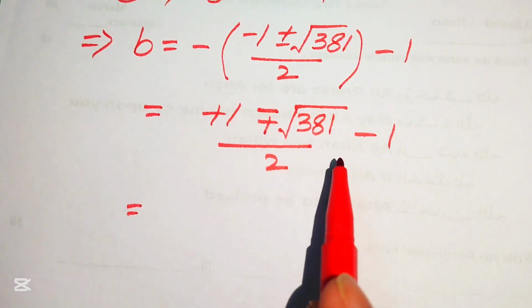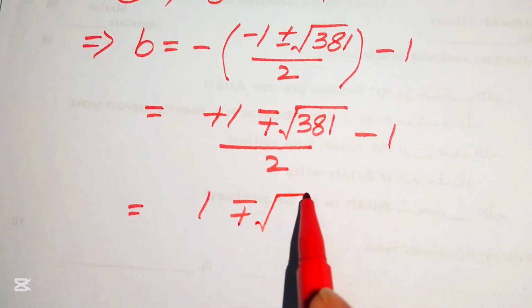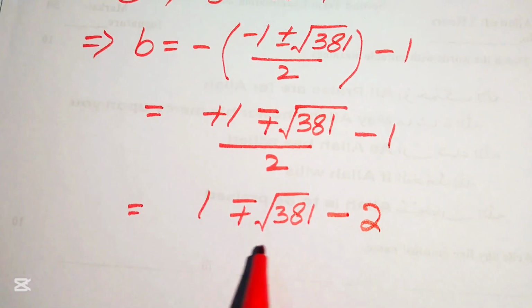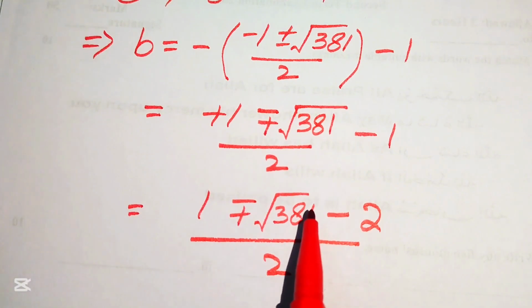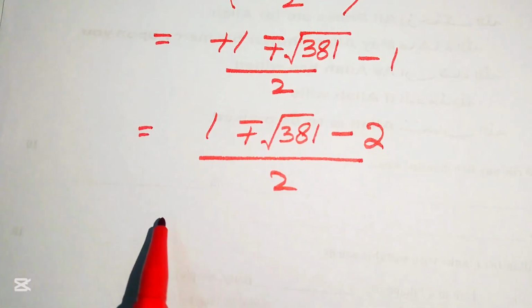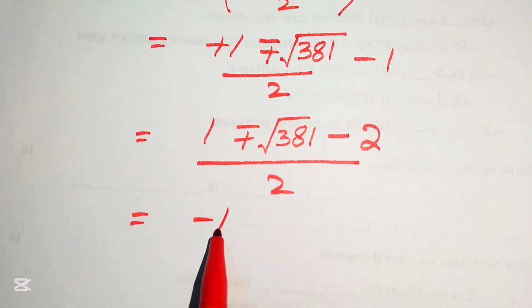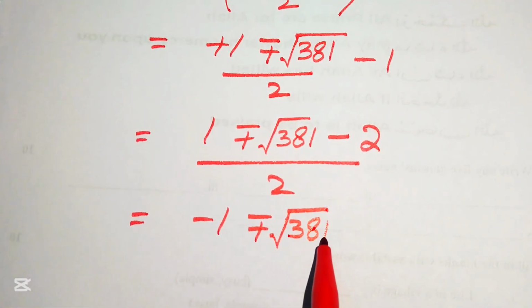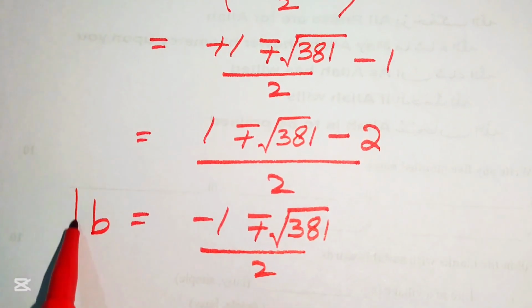When you take the LCM, it will be written as 1 minus-plus square root of 381 minus 2, divided by 2. Now when you subtract 1 minus 2, it will be written as minus 1 minus-plus square root of 381 divided by 2. This is the value of b.